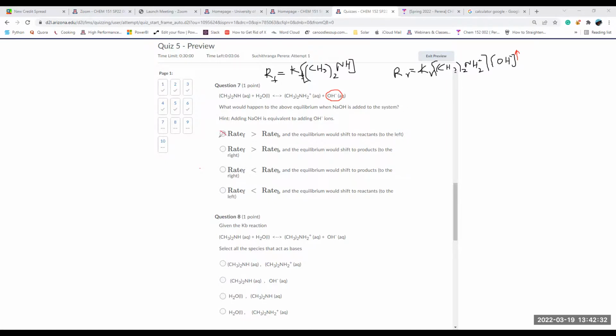So the first two options are out for that reason. It must be between C and D. And between C and D, if the reverse rate is greater than the forward rate, then new reactants must be formed, and that is reflected in option D. I would select option D as the correct answer for this question.